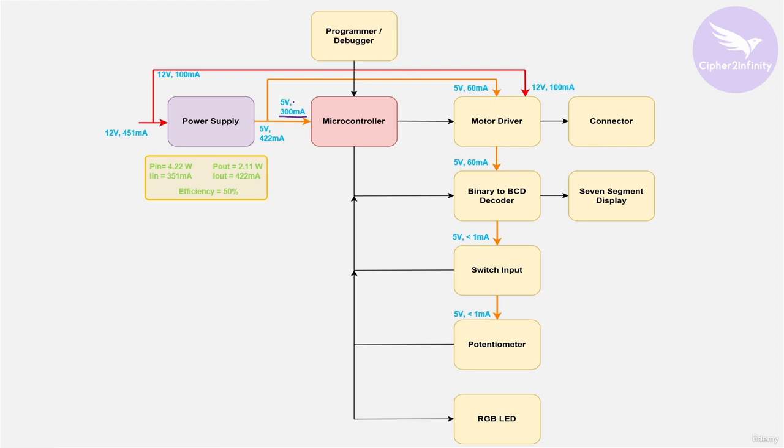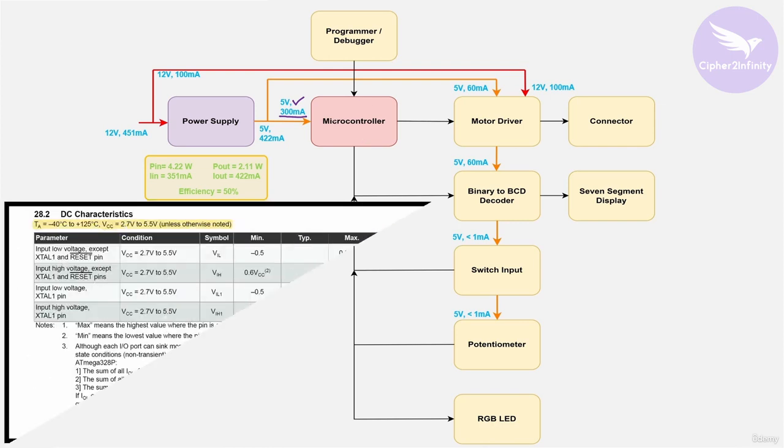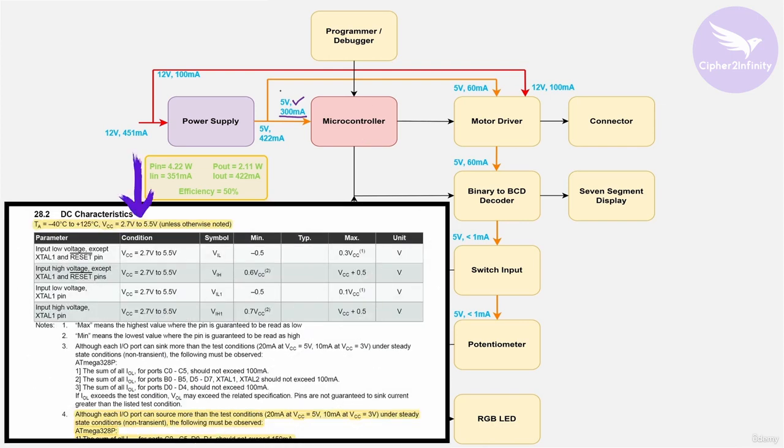After that, again, this particular value which is 5 volt is basically the operating voltage of the Atmega 328 microcontroller, and we are going to provide 5 volt for its proper operation. And again, this particular value came from the data sheet.